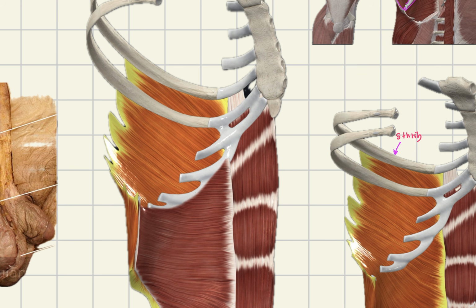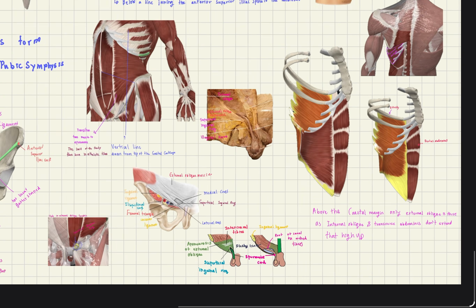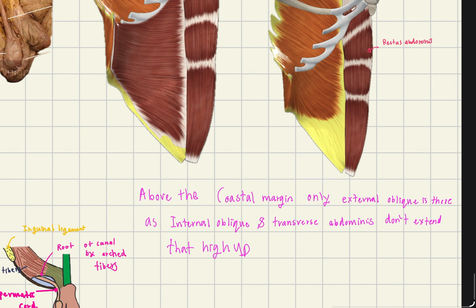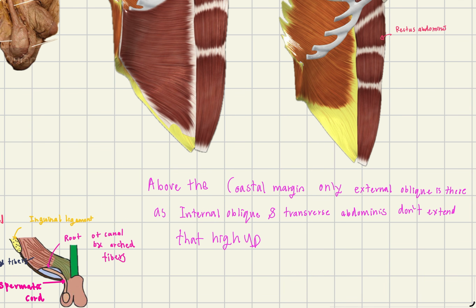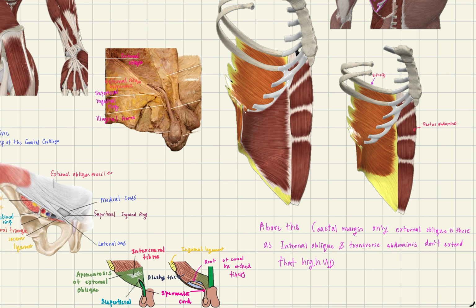It is the only structure in the anterior sheath of the rectus muscle above the costal margin. So above the costal margin, only external oblique is there, as internal oblique and transversus abdominis don't extend beyond the costal margin.